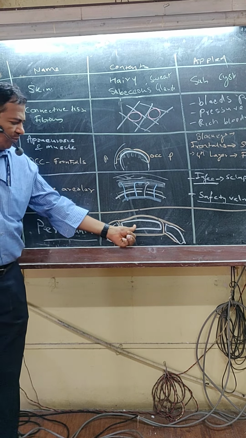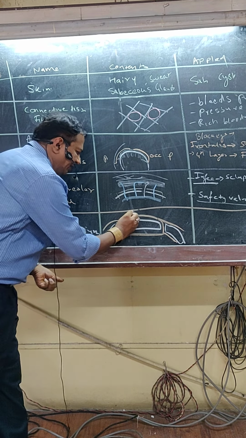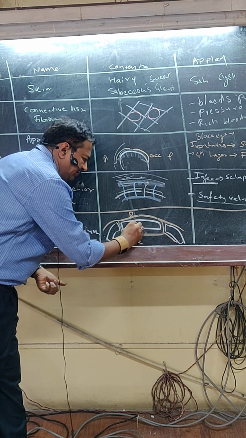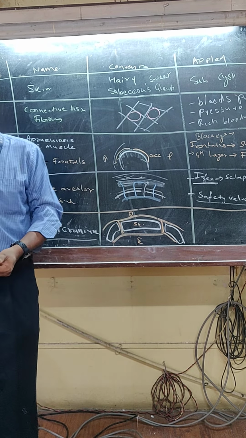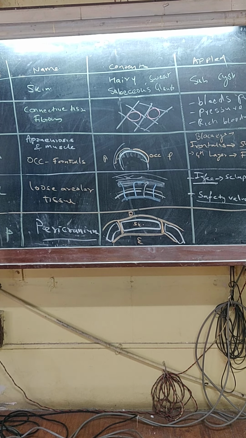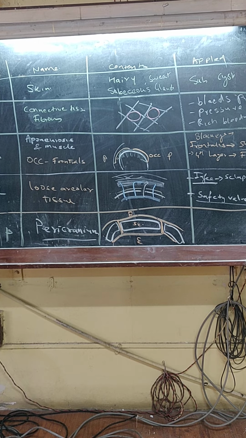So this is skull bone, this is pericranium, this is endocranium, this is pericranium, this is endocranium, this is skull bone, and these are the sutures. So loosely attached to the skull, and it's continuous through the sutures with the endocranium, the inner lining of the skull. Okay?